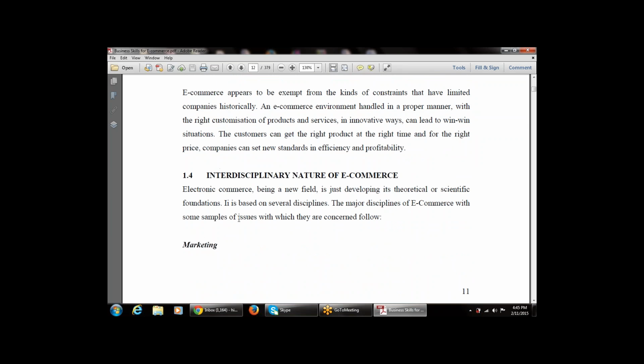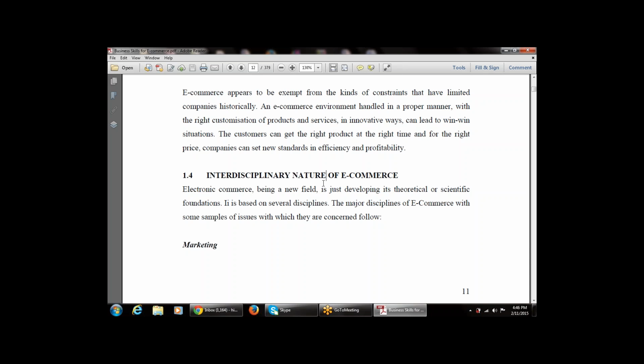Now the next part is the interdisciplinary nature of e-commerce. That is, what is the nature of e-commerce, how it works, and how it is useful for the organization. Electronic commerce, being a new field, is just developing its theoretical or scientific foundations.